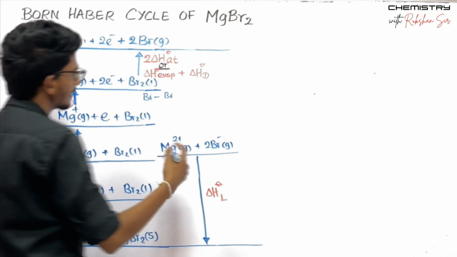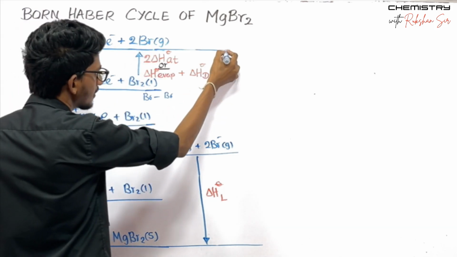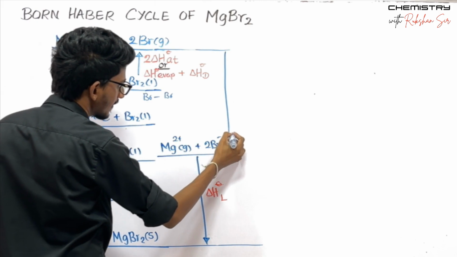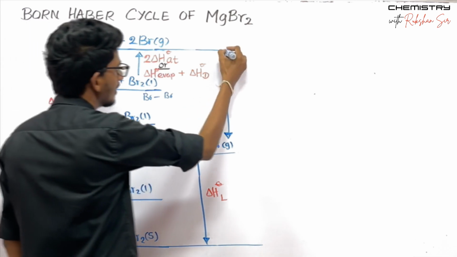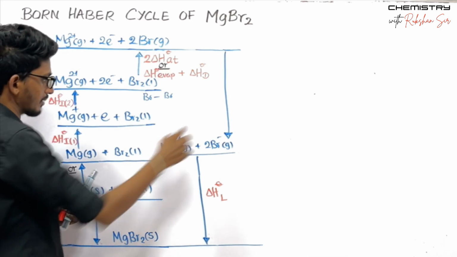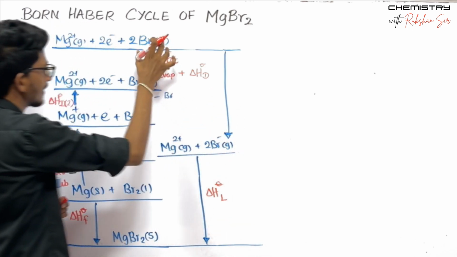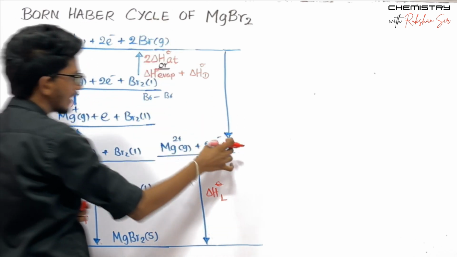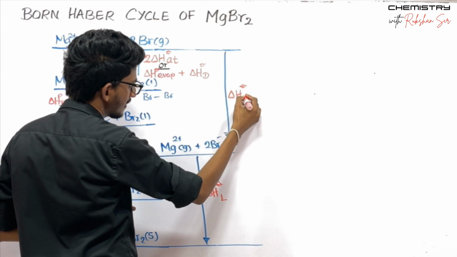Now what we need to do is convert these two electrons and two Br gases to two Br⁻ gases, right? That can be done easily by supplying the electron gain enthalpies. So converting a Br gas to Br⁻ gas, you need to supply the electron gain enthalpy change.